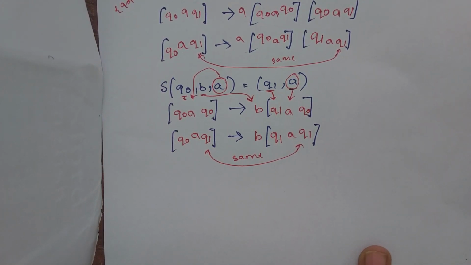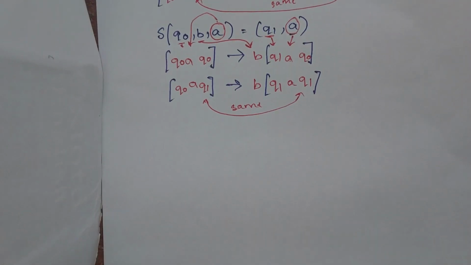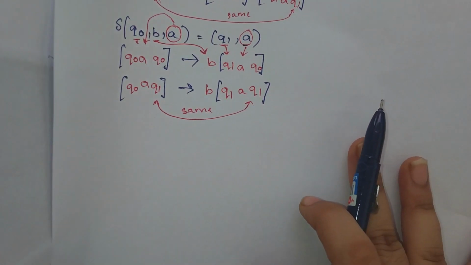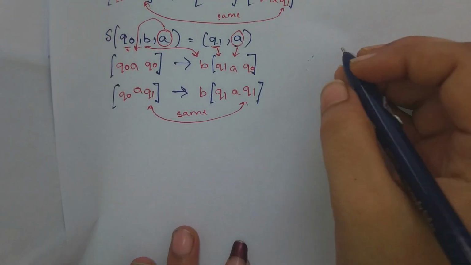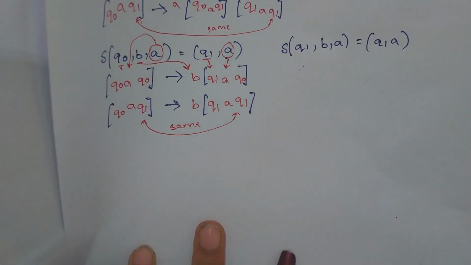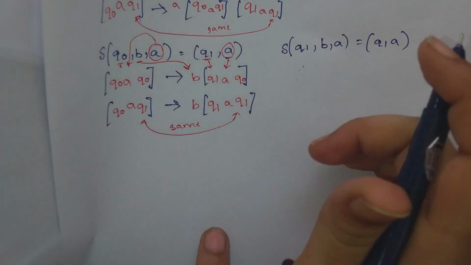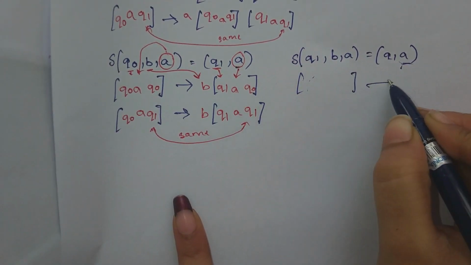Okay, consider another one. So here we have the same A, only a single symbol. That means we'll get only 2 steps.